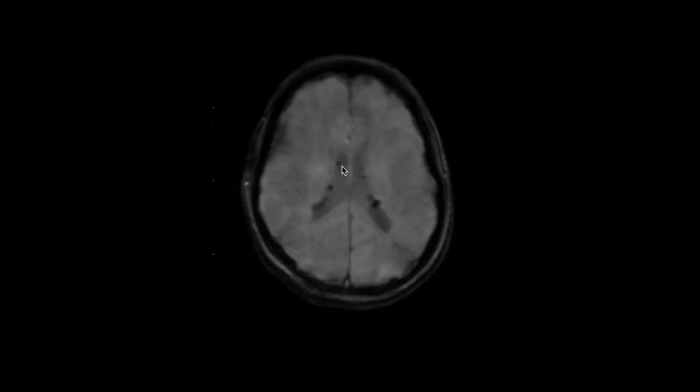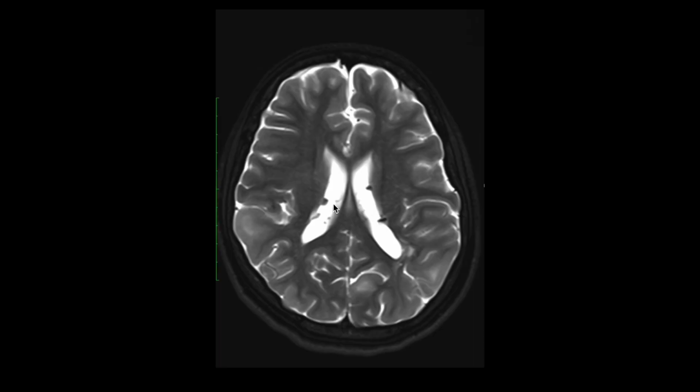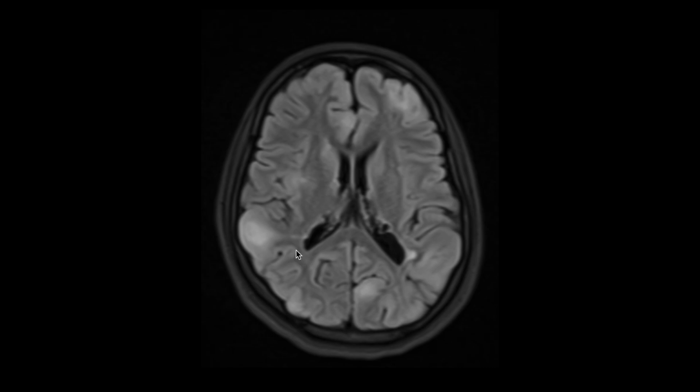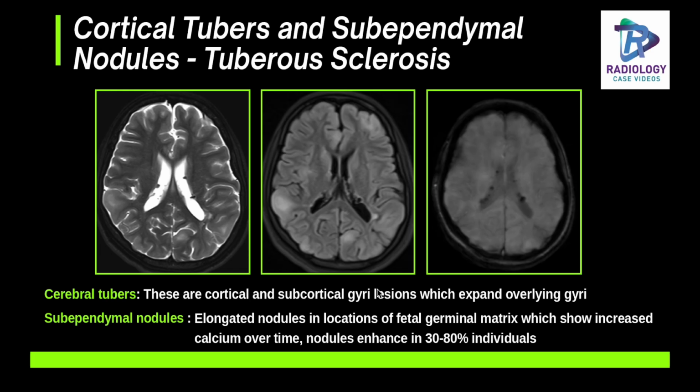Another case, in susceptibility weighted imaging, you are seeing multiple calcified lesions in the subependymal location. Here in T2 weighted imaging, you are appreciating the hypointense lesions in the subependyma. Here you can see a mushroom shaped enlarged cortex and hyperintense cortex. In FLAIR you can appreciate the lesions in the temporal lobe and in the occipital lobe.